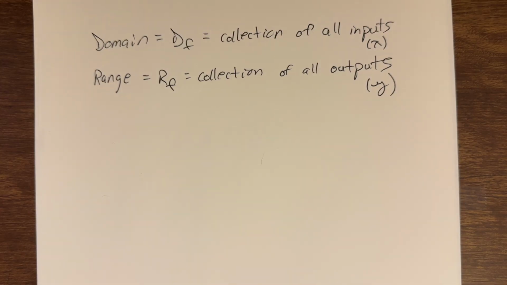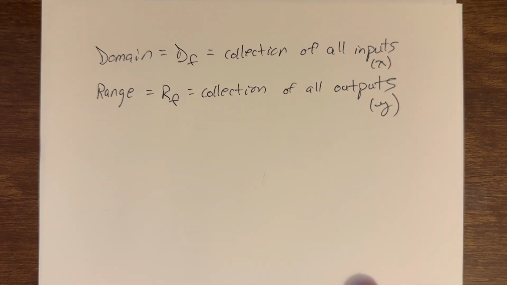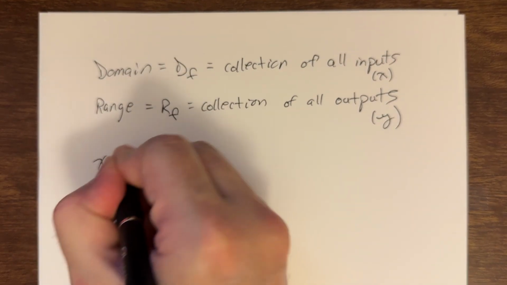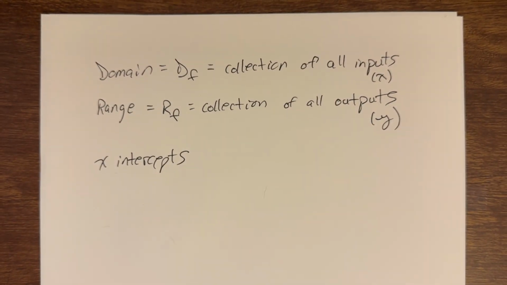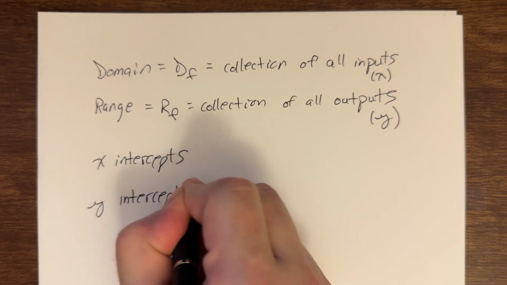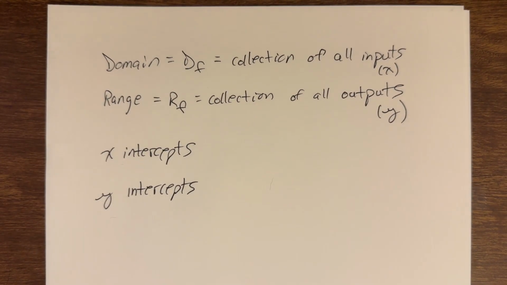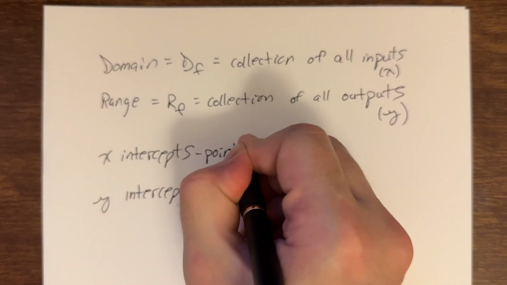So the next part, our last couple of terms we need, we're going to talk about what we call the intercepts. Specifically, we have 2 different ones. We have the x-intercepts, and we also have the y-intercepts. Intercepts are defined as points.